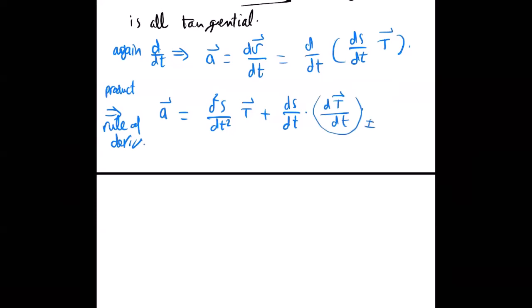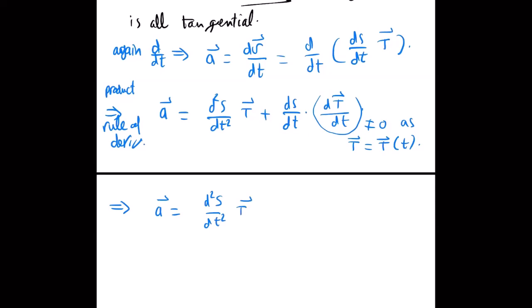This is not zero, as T is a function of time. It varies with time. With the curvature from last time, we can simplify this, and so it is related to the normal vector as well, the principal normal. So the acceleration is given by the second derivative of the arc length s, in the direction of T.